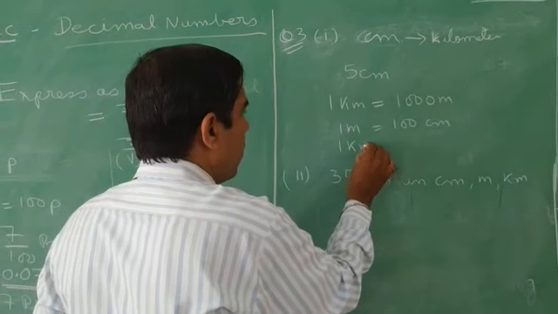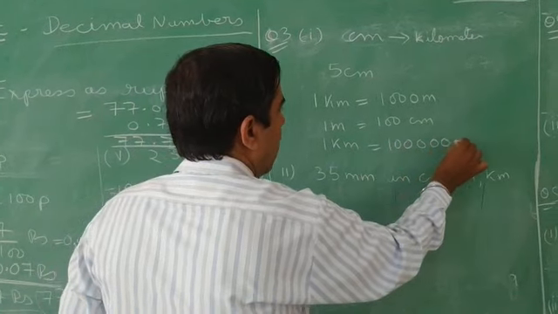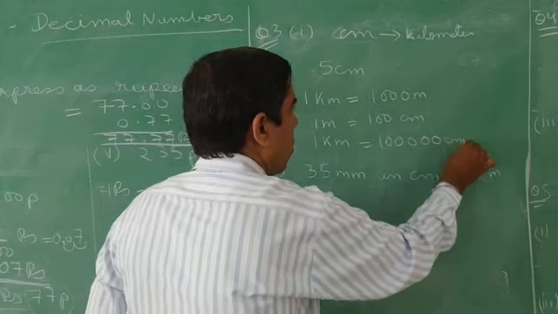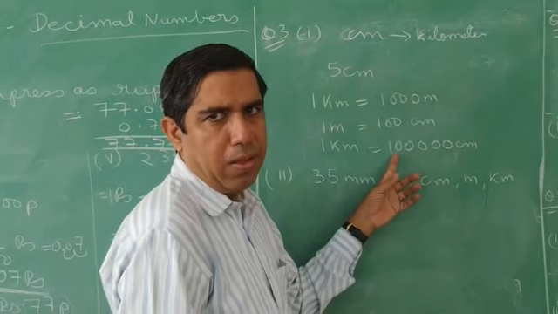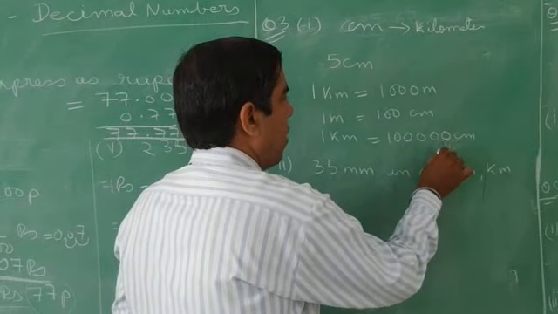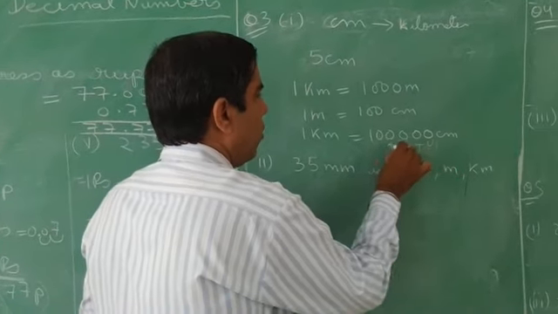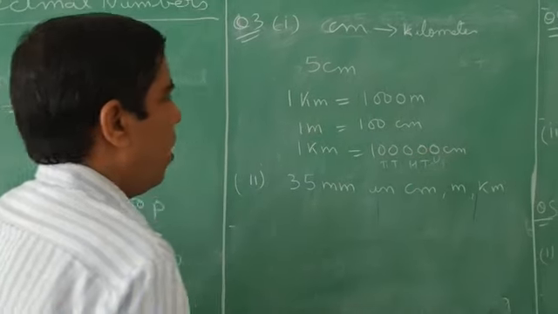It will come as 5 zeros. Units, 10, 100, 1000, 10,000, lakh. So it is 1 lakh centimeter.